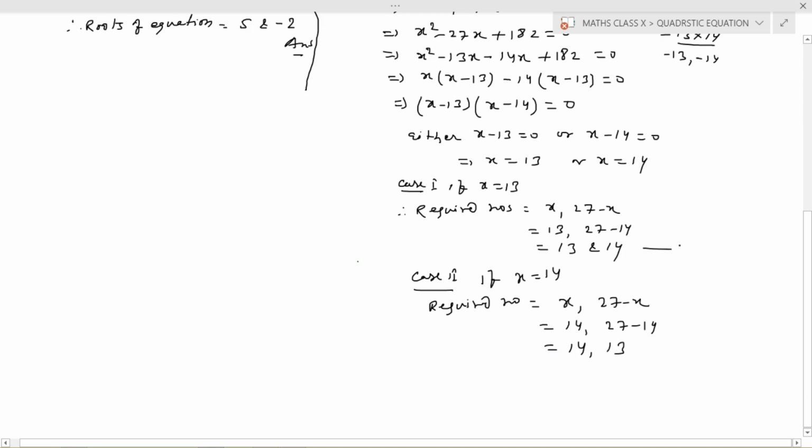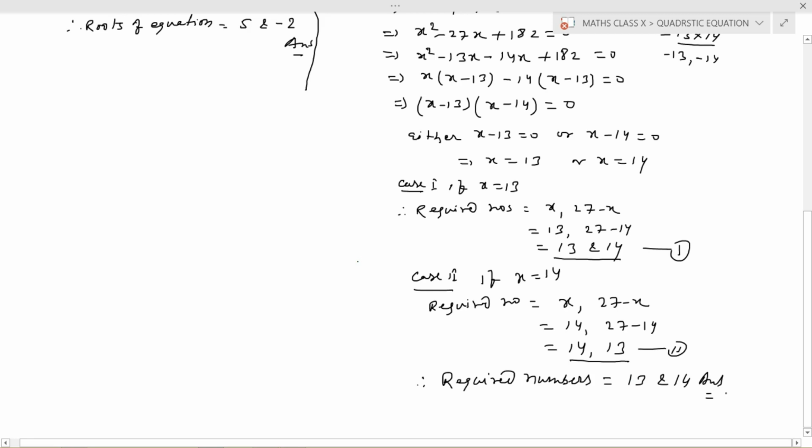From both case 1 and case 2 we are getting 13 and 14. Hence the required numbers are 13 and 14. This is our final answer.